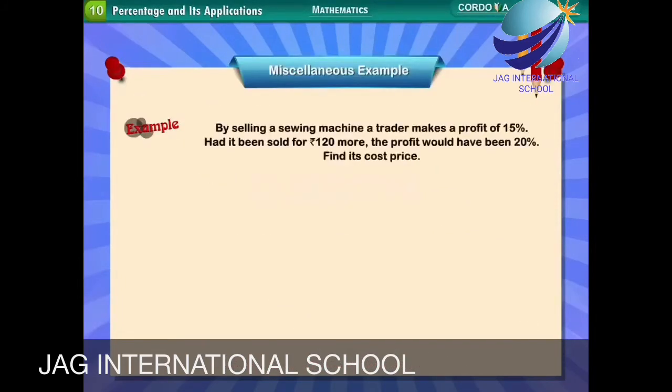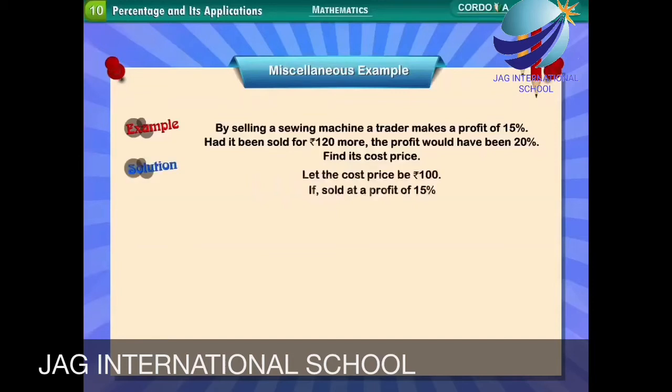Miscellaneous examples. Example: by selling a sewing machine, a trader makes a profit of 15%. Had it been sold for rupees 120 more, the profit would have been 20%. Find its cost price. Solution: let the cost price be rupees 100.